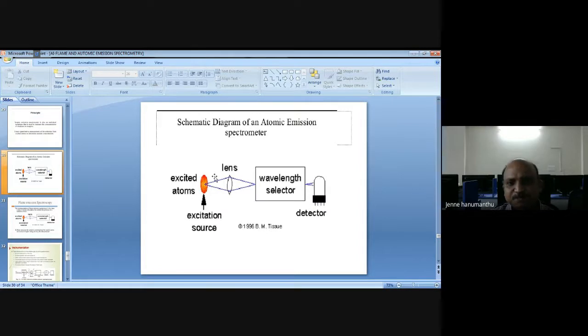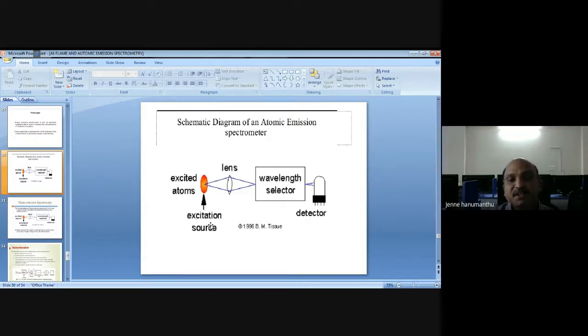And see, there is a schematic diagram of an atomic emission spectrometer. So this is nothing but the excitation source. The source may be, as I discussed just now, a flame, sometimes a burner, sometimes plasma, sometimes an arc, any external energy that is acting as a source. So with this source, we are exciting the atoms in the sample.